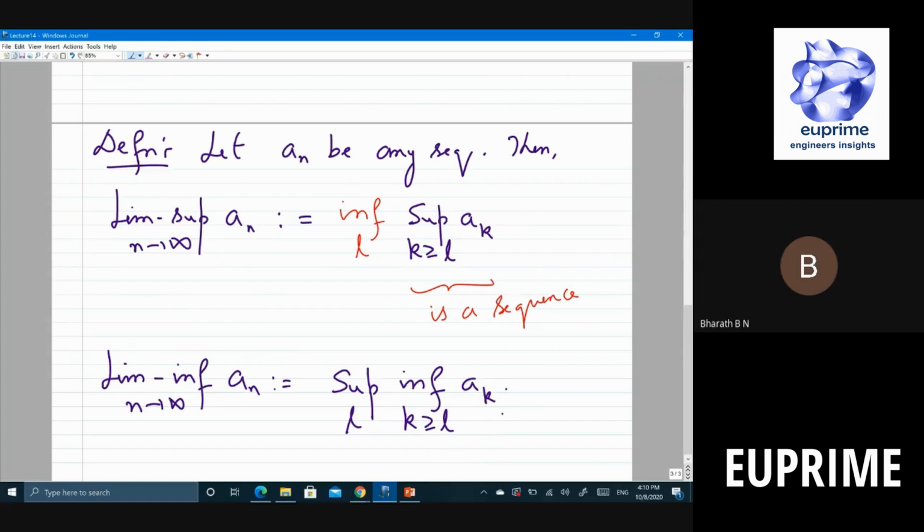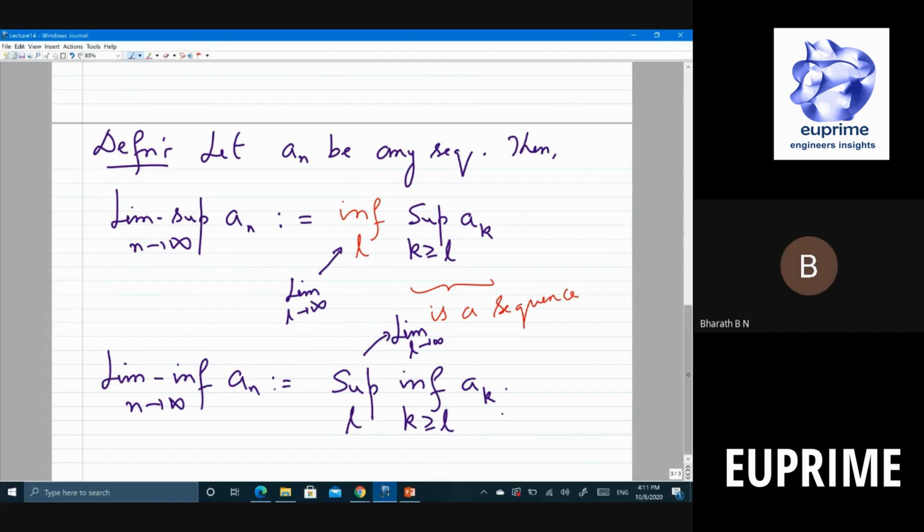So all that I do here is take the infimum of all the numbers in the sequence, leave out the first one, take the infimum, leave out the second one also, take the infimum, and so on. You get a sequence, you take the supremum of that, that is your lim inf. Of course, I can take the limit as L tends to infinity here, and similarly for the other one.